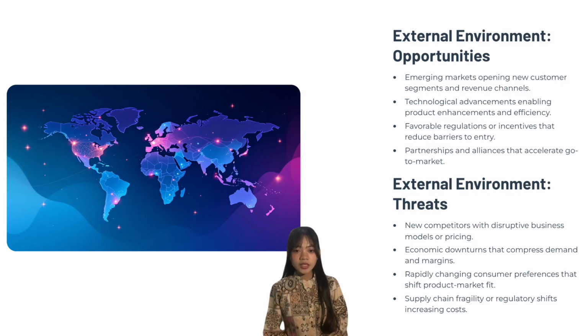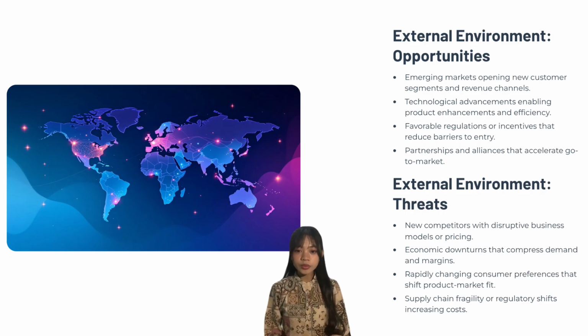For example, government incentives or reduced restrictions can make it easier to enter a market. Lastly, partnerships and alliances can help companies grow faster. By collaborating with other businesses, companies can share research and expand their reach. Opportunities are important because they show where growth is possible. Companies that can identify and act on opportunities will have a better chance of success.